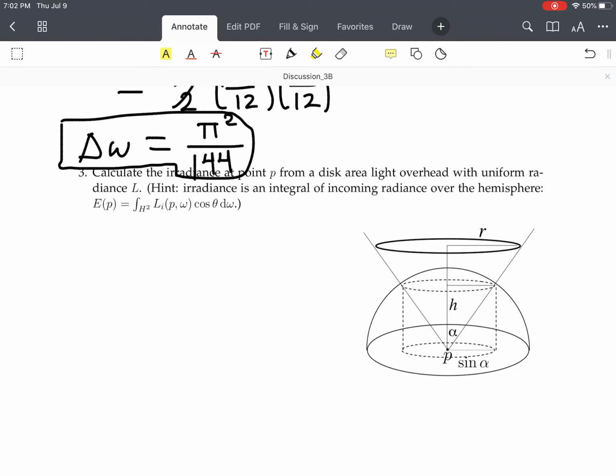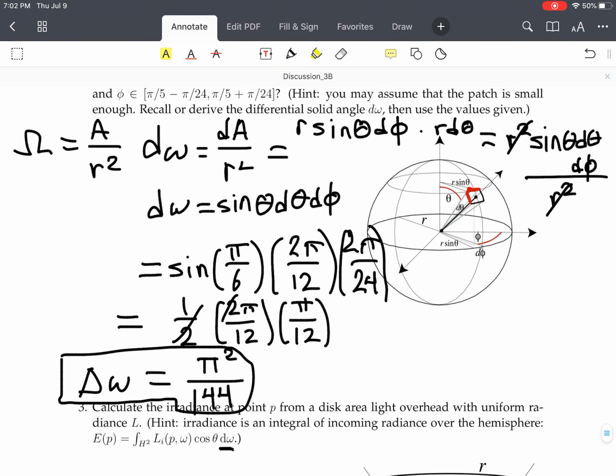So let's set this integral up, right? We're integrating over the hemisphere, but we're interested in where the light is actually coming from. The light is coming basically along this cone. So what we could do is this d omega here, just above, we found that d omega can be rewritten as sine theta d theta d phi.